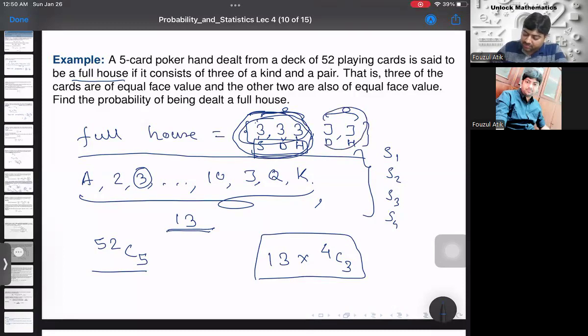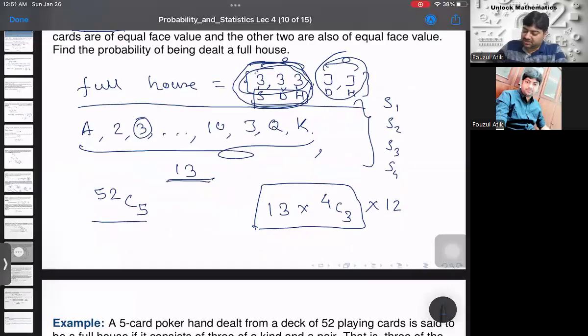Next, think about how many ways you can get the pair. Once one kind of card is already selected, how many different kinds of card remain? There are 12 different kinds remaining because one is already selected. So for the second portion, what is the total number of cases? It is 12 ways. And you have to choose two from four different suits.